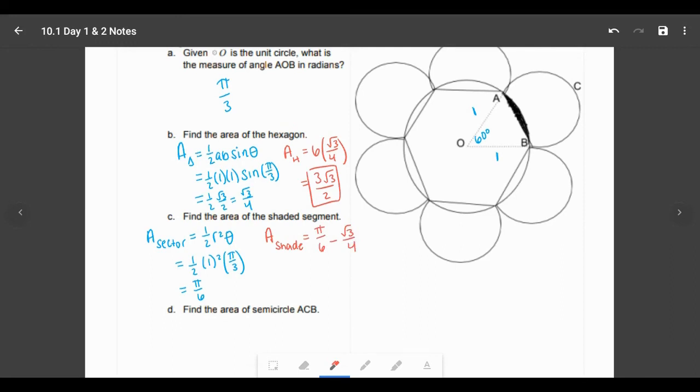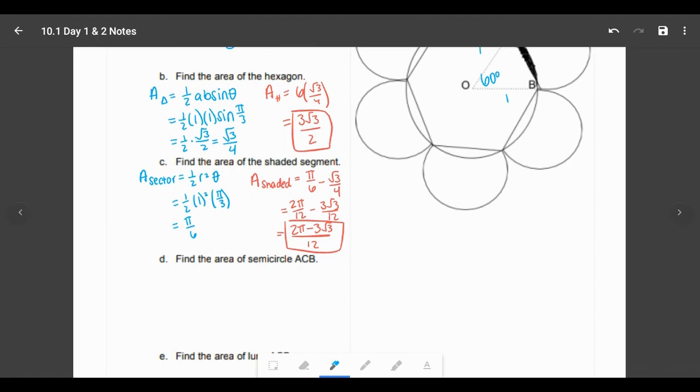And so if I combine this into one big fraction, common denominator of 12, so I get 2 pi over 12 minus 3 root 3 over 12. My final answer should be 2 pi minus 3 root 3 all over 12.